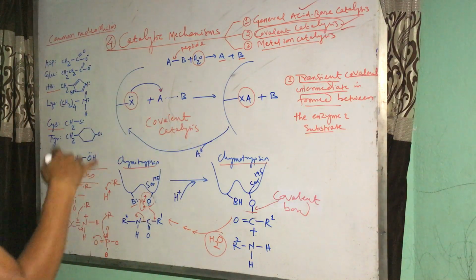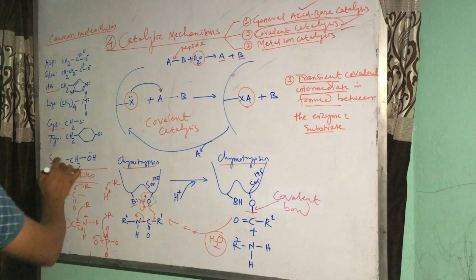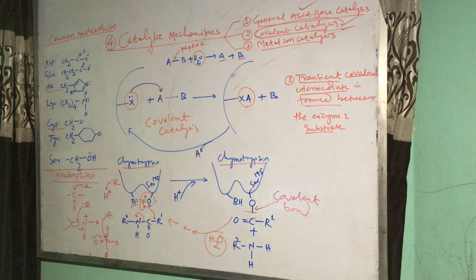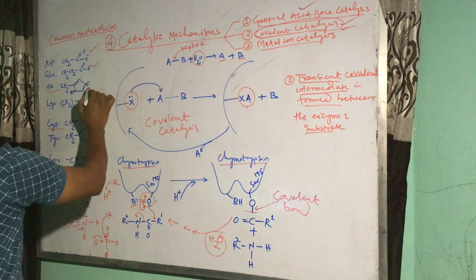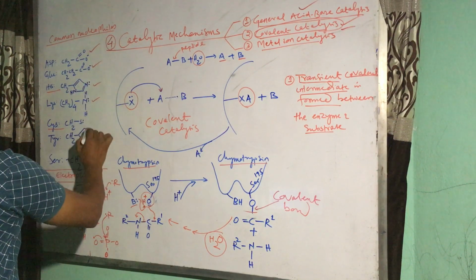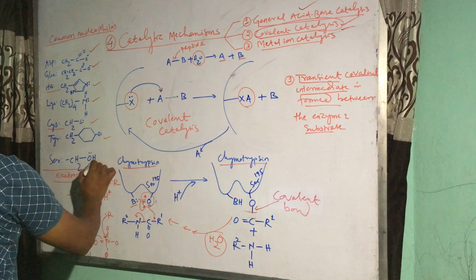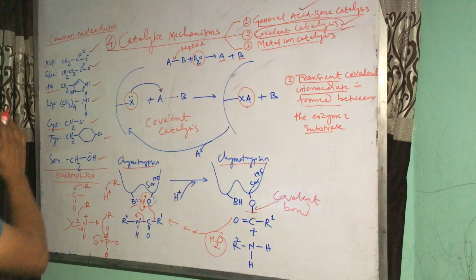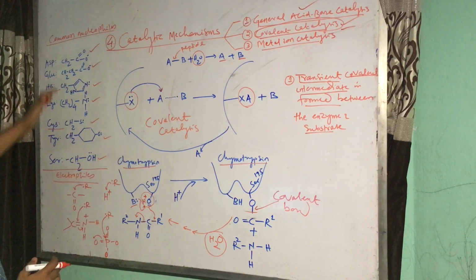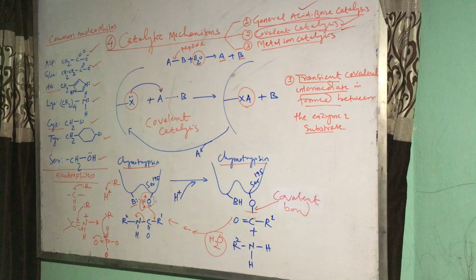To look at which amino acid side chains act as common nucleophiles: aspartic acid, glutamic acid, histidine, lysine, cysteine, tyrosine and serine, which are rich in electronegative groups in their deprotonated state, can act as nucleophiles.